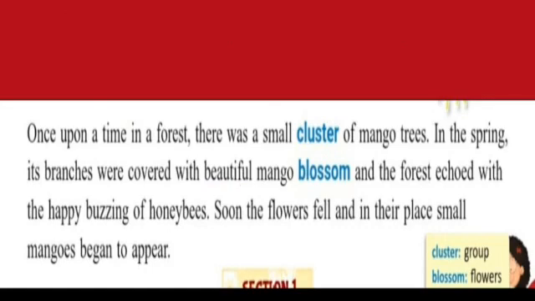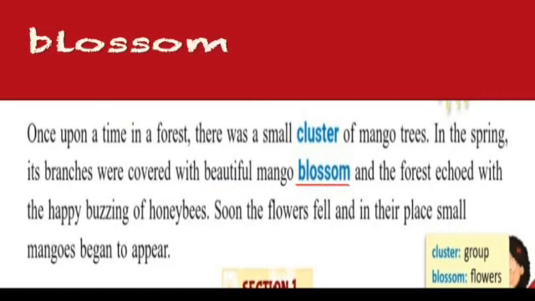Keep moving your fingers on the same line and underline the word blossom. B-L-O-S-S-O-M. And see, the meaning is already given in the yellow box. Blossom means flower. Dear Slaters, do you all know blossom word has two meanings.